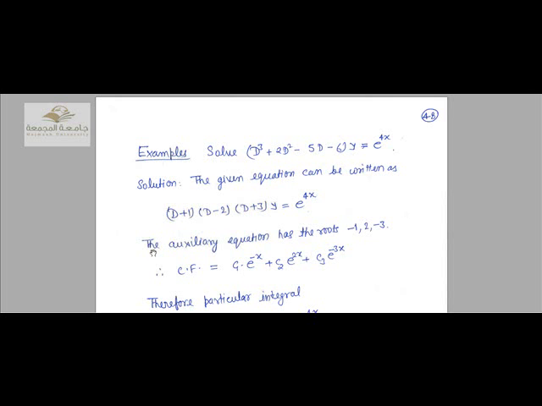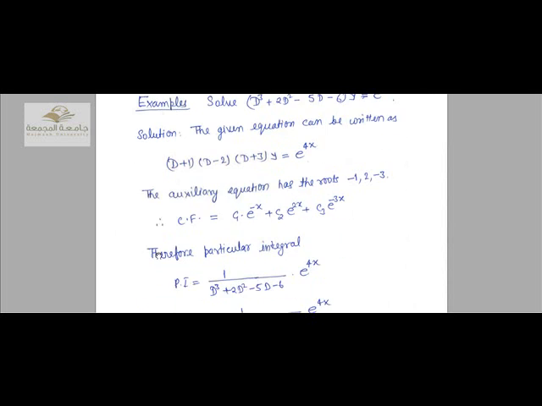The auxiliary equation has the roots −1, 2, −3. Therefore, the complementary function is c1 e^(−x) + c2 e^(2x) + c3 e^(−3x).